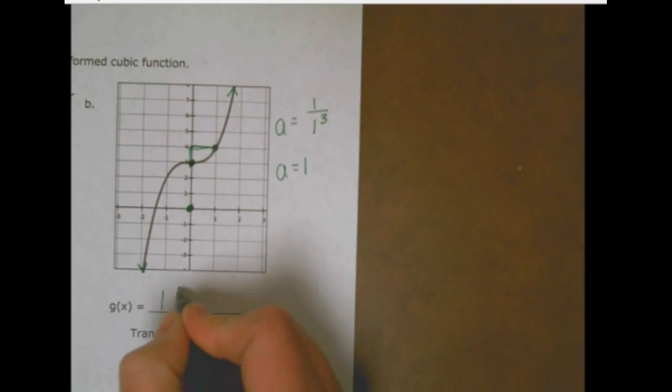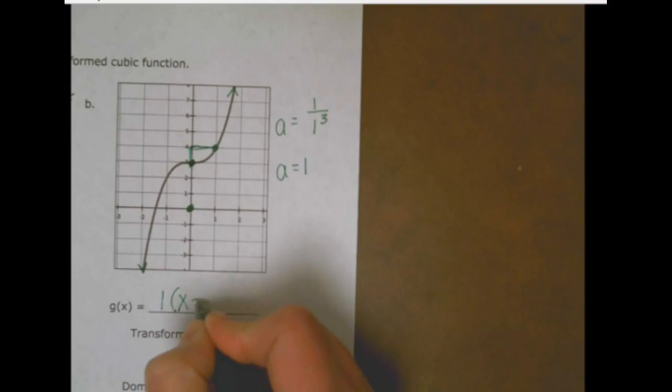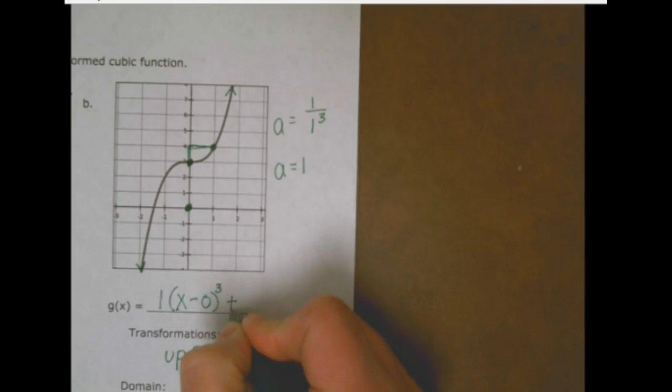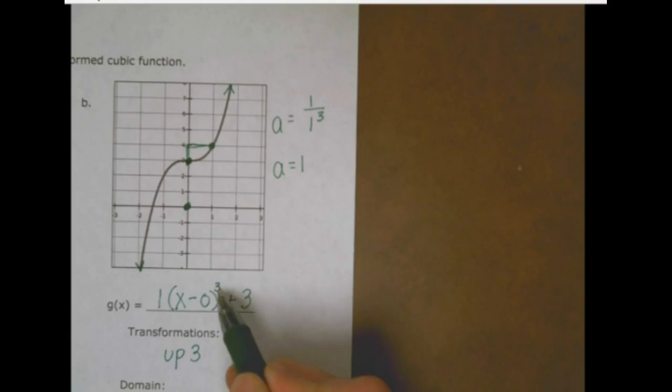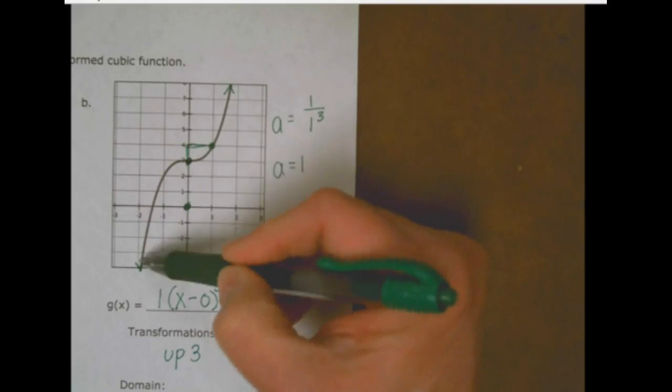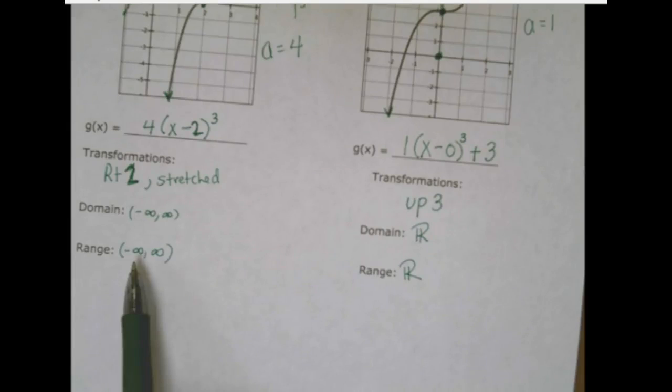So this would be 1 times x minus 0, because it didn't go left or right, up 3. This is a third power because this is what a cubic graph looks like. And the domain can be written negative infinity to positive infinity. But another way to write that is all real numbers. So you can write the domain and range this way or that way.